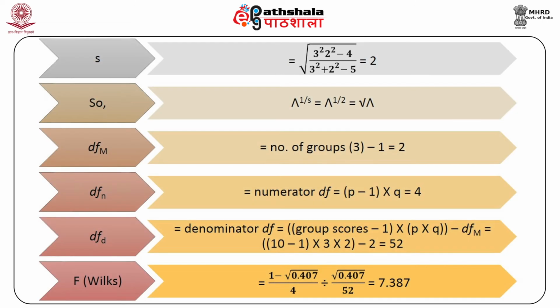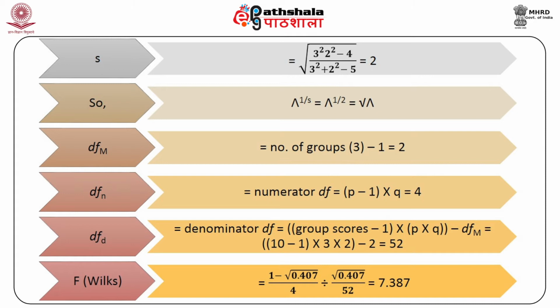So, S turns out to be 2 and we got the relevant things, degrees of freedom are also there, and the inverted V values are also there from the Wilks lambda, and the degrees of freedom, numerator, denominator, all the values we have come across in the previous section while calculating the MANOVA numerical.